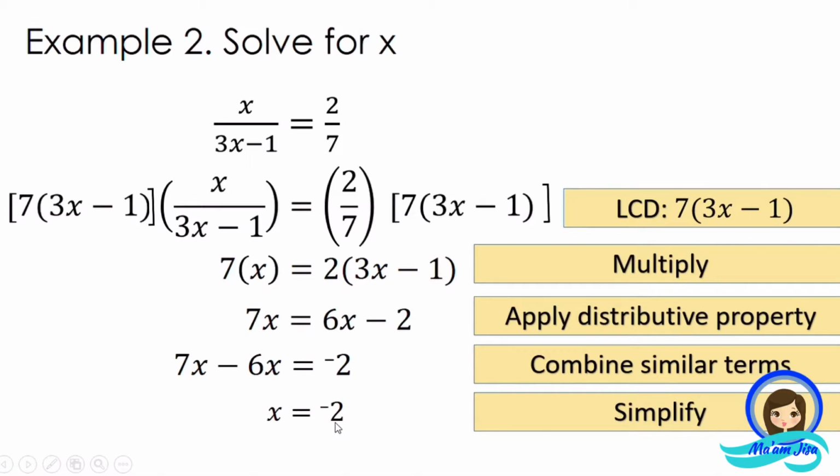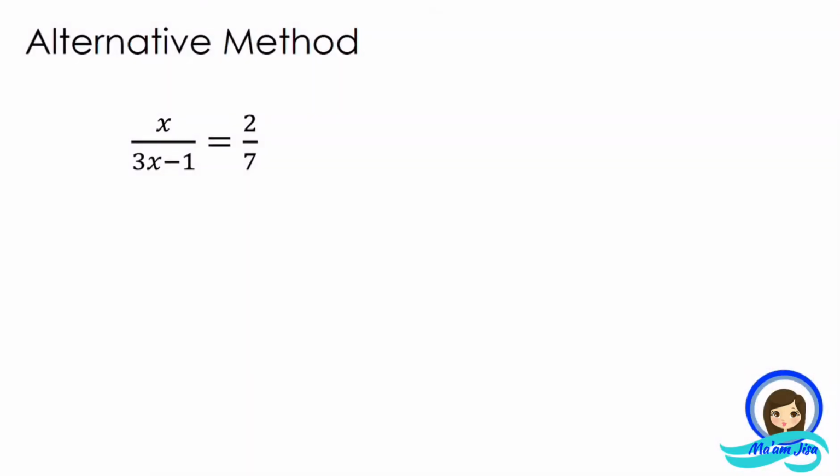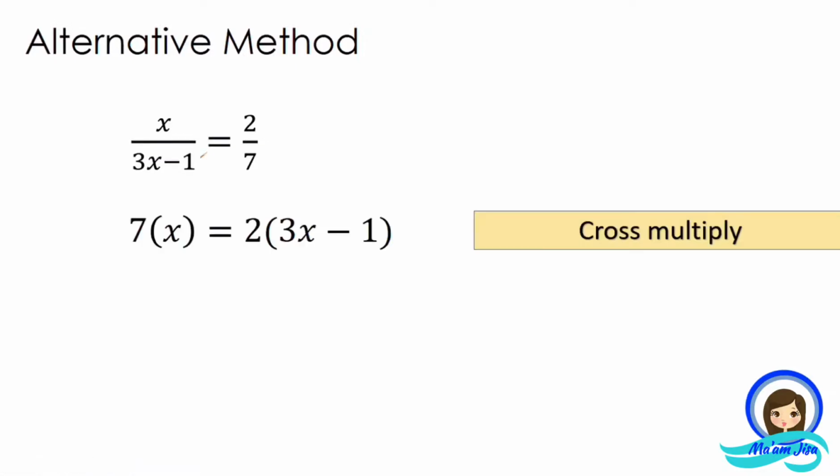There is actually an alternative method in solving rational equations, specifically when there is only one term in each side of the equation, and that is cross multiplication. So in this case, 7 multiplied to x and then 2 multiplied to quantity 3x minus 1.